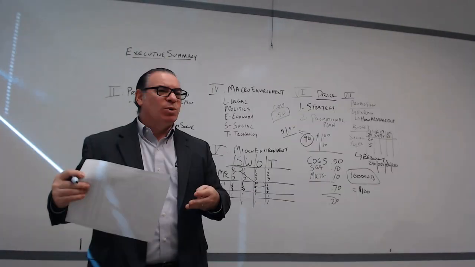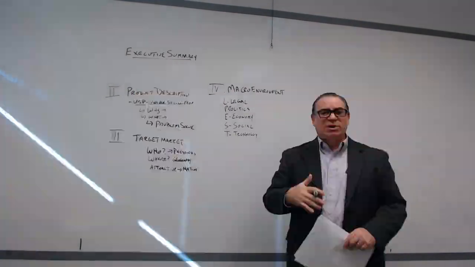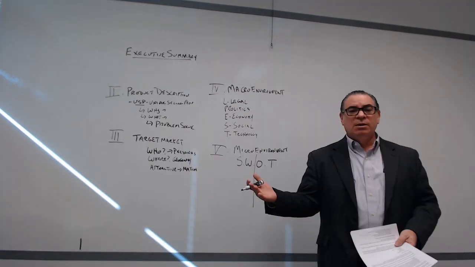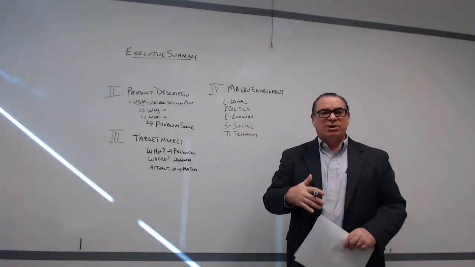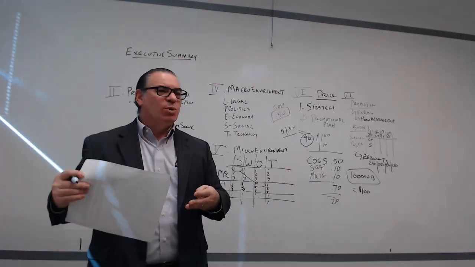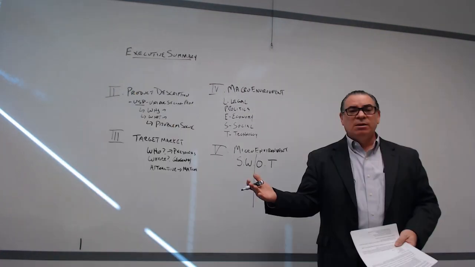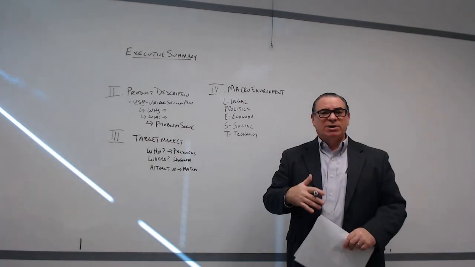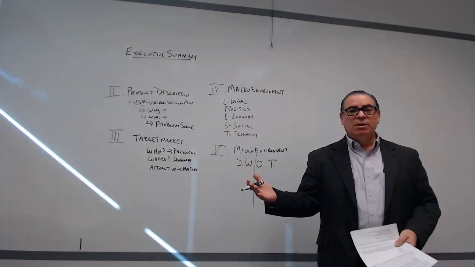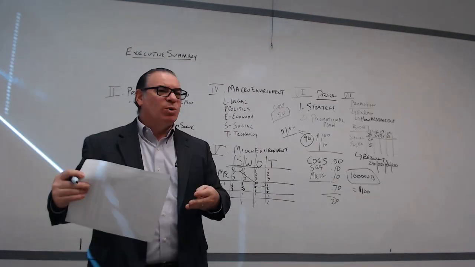Okay. So we also want to make sure in this particular case, and I'll go back to the micro environment here for a second, or even in what we're doing, the product description. You also want to talk about the place of how you're putting your product out into the marketplace. So remember we talked about the 4 P's, right?